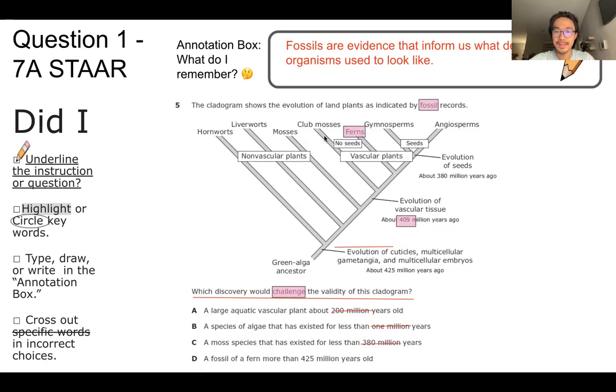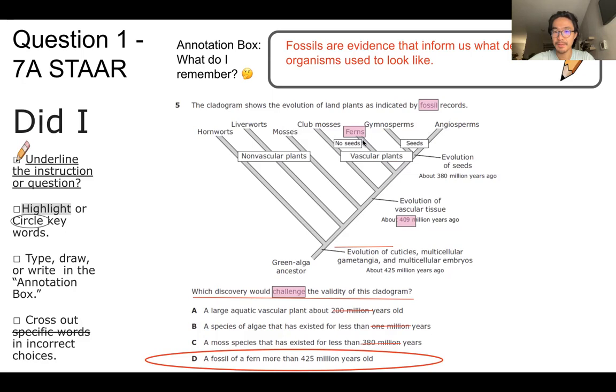Let's look at the moss. Mosses are over here. So they occurred, looks like around 400 million years ago. So that means any time later than 400 million years ago, like 280 years ago, it would be expected to be around, right? It's been around for longer than that. So C would not be correct. Let's look at D, a fossil of a fern. So ferns are over here.